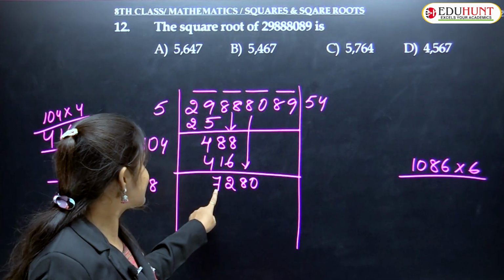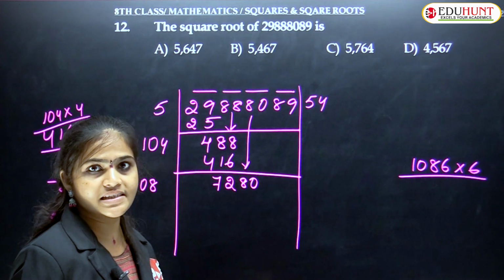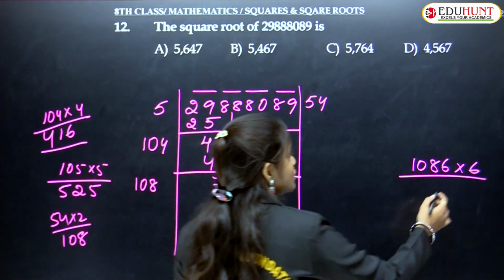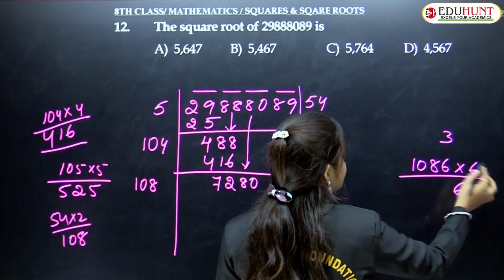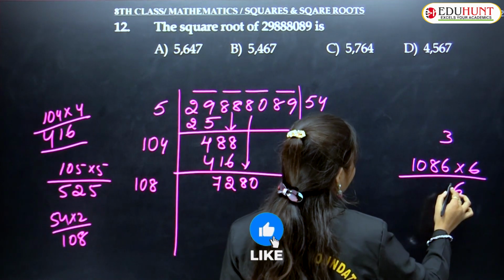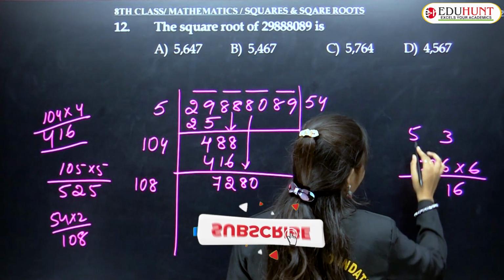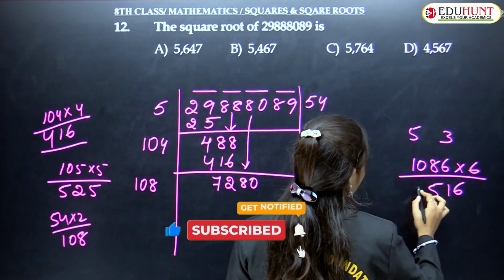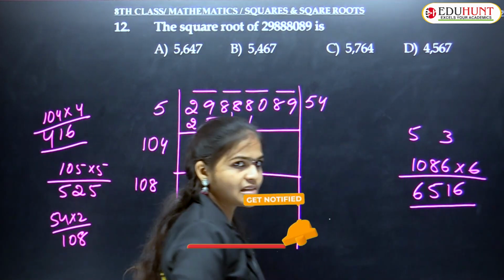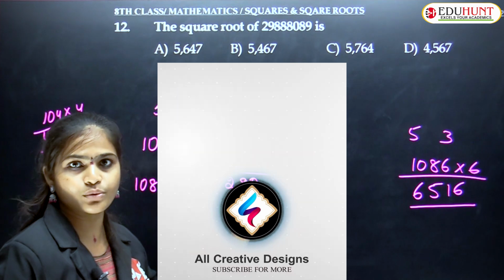Why? Because 7 is there. So 6 6s is 36, 6 8s 48 plus 3 is 51, 6 0 0 plus 5, 6 1 6. So 6516, that is less than 7280.